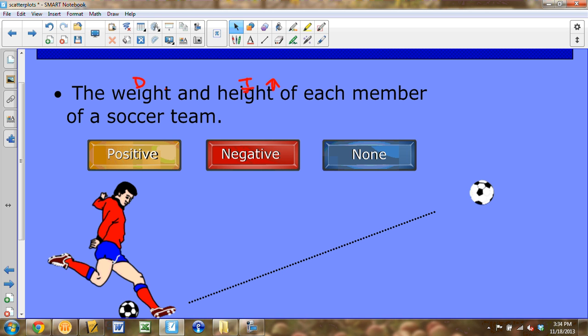Well, it probably gets bigger. If you're 5 foot tall compared to somebody who's 6 foot tall, they probably weigh more than you do. This is going to be a pretty weak correlation, though, because you could have somebody that's exactly the same height that weighs very different amounts. But it does have a bit of a positive correlation because you would think that the taller you get, the more you weigh. But it's pretty weak.